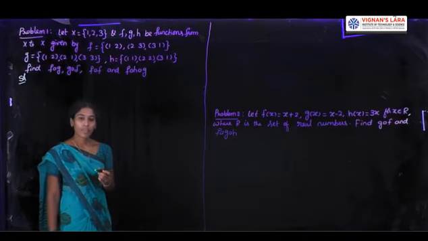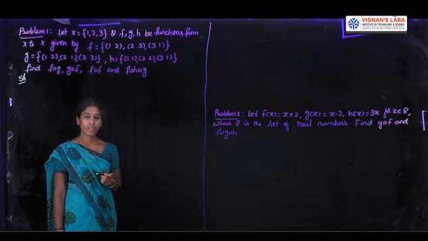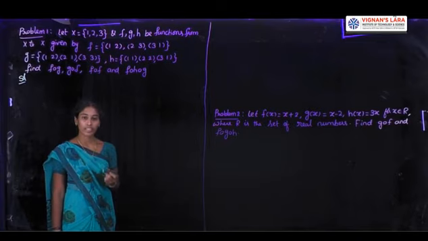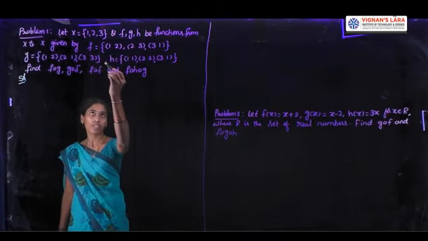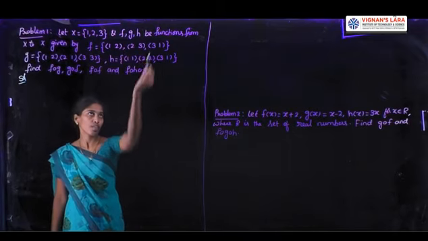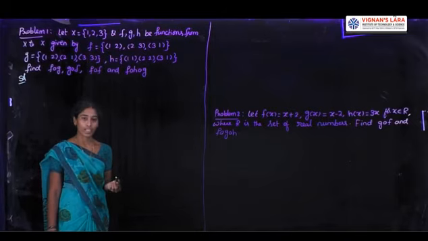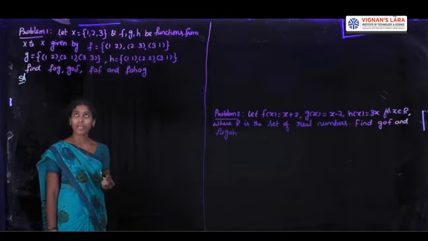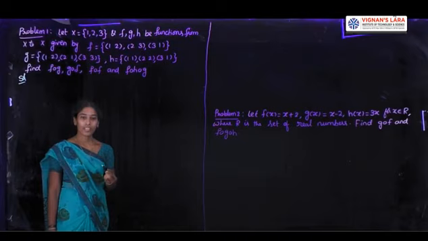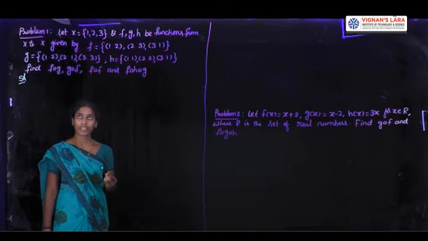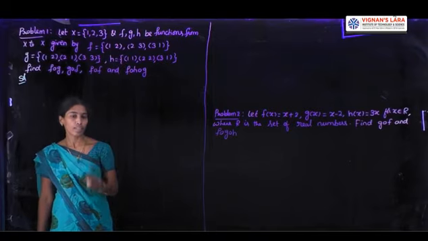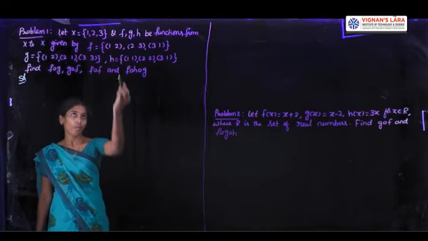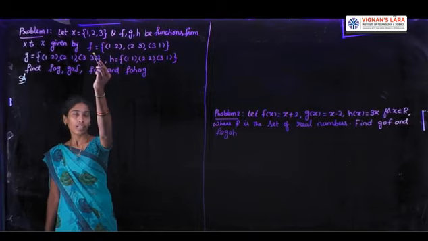Now we will see the problems on these functions, one-one function, onto function and bijective function, and how we can calculate the composition of functions. First problem: let X be the set {1, 2, 3} and f, g, h be functions from X to X. Both domain and codomain are the same. X consists of three elements 1, 2 and 3. f is given by ordered pair (1, 2), which means 1 is mapped to 2 under the relation f.